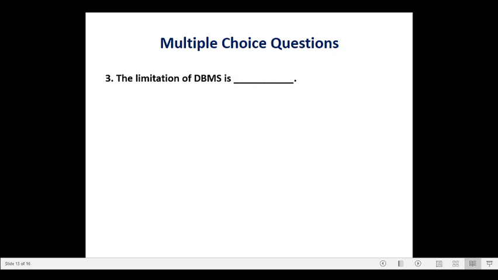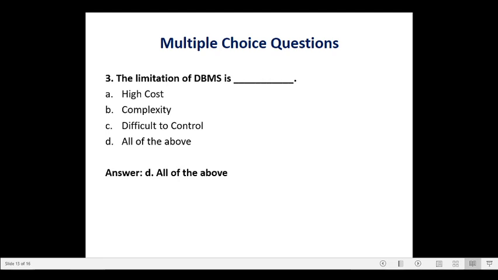Next question. The limitation of database management system is, options are high cost, complexity, difficult to control, all of the above. Yeah, we have gone through the limitations of DBMS. Answer is D, all of the above, because it requires highly skilled technical person, requires more hardware and software, so it becomes very expensive and more complex and difficult to control too.